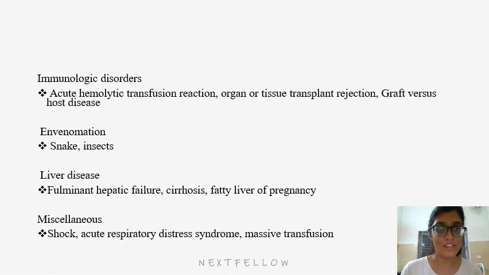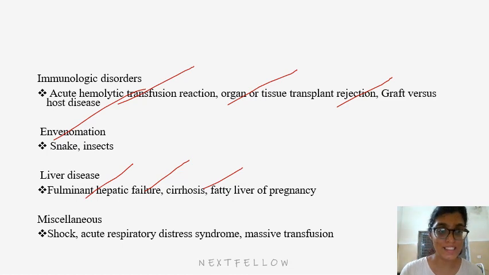Immunologic disorders include acute hemolytic transfusion reaction, organ or tissue transplant rejection, and graft versus host disease. Envenomation like snake and insect bites, liver disease like fulminant hepatic failure, cirrhosis, fatty liver of pregnancy, and miscellaneous causes like shock, acute respiratory distress syndrome, and massive transfusion.